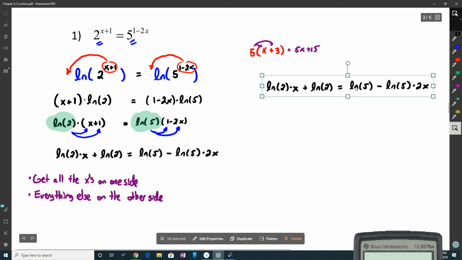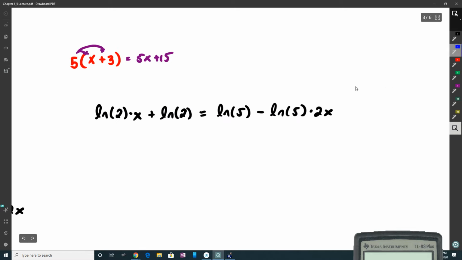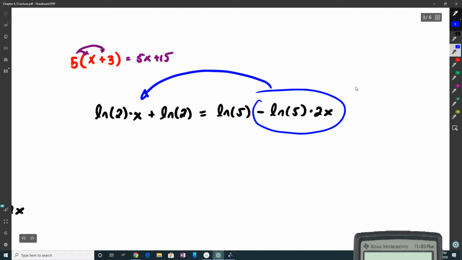Okay. So what we do here is I want to get all my x's on one side. So this guy, I want to move over there. Whereas this one doesn't have an x, so I'm going to move it over here. That's being subtracted, so I have to do that with addition. This is being added, so I have to move it to the other side with subtraction.